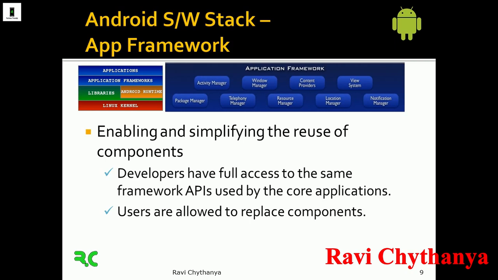For example, WhatsApp uses the notification manager, view system, and telephony manager. So the applications use the application framework, which consists of predefined APIs, and those APIs are used by the applications developed by the users.